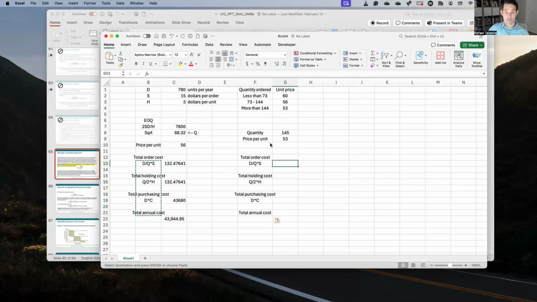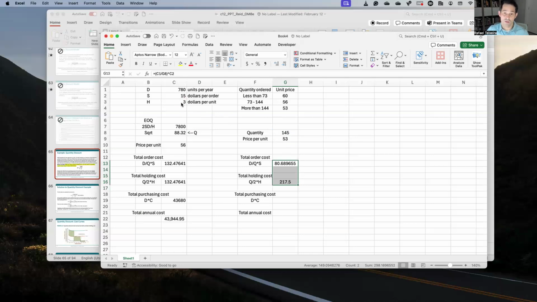But here I'm going to replace my Q by the quantity times the cost to place orders. Now the holding cost is going to be my new quantity divided by 2 times my holding cost.